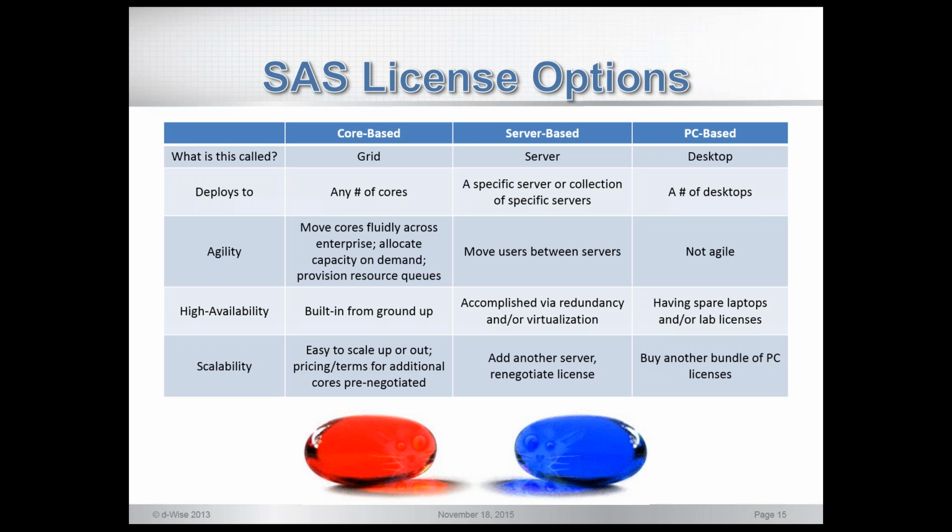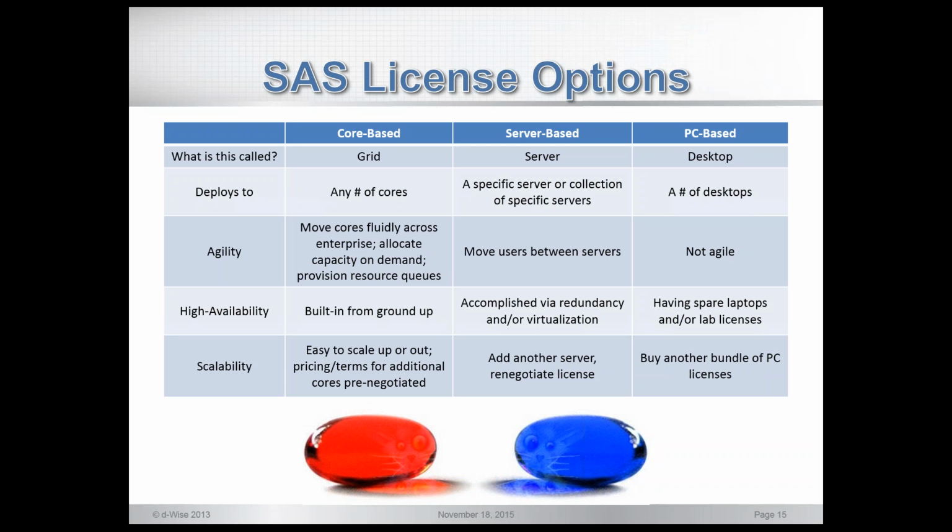So moving down to the third row, we're going to talk a little bit about agility. I mentioned that LSF Grid is a platform built from the ground up with configuration in mind and with scalability in mind. What it does in order to create agility is it provides features by way of a web-based platform to reallocate capacity on demand and provision which resources are available to which people and in which order of priority. Separately from that, it allows you to bring online and take offline pieces of the infrastructure in a very point-by-point sort of fashion.